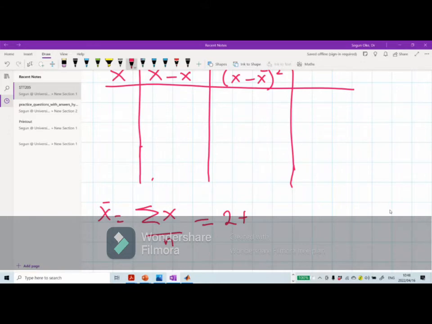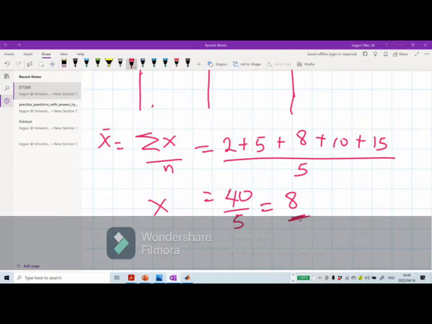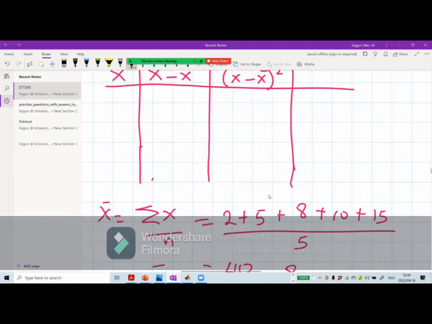We have 2 plus 5 plus 8 plus 10 plus 15. How many of them? 1, 2, 3, 4, 5. That is 40 divided by 5, which is 8. Meaning our x bar is equal to 8. Am I communicating? Yes, sir.